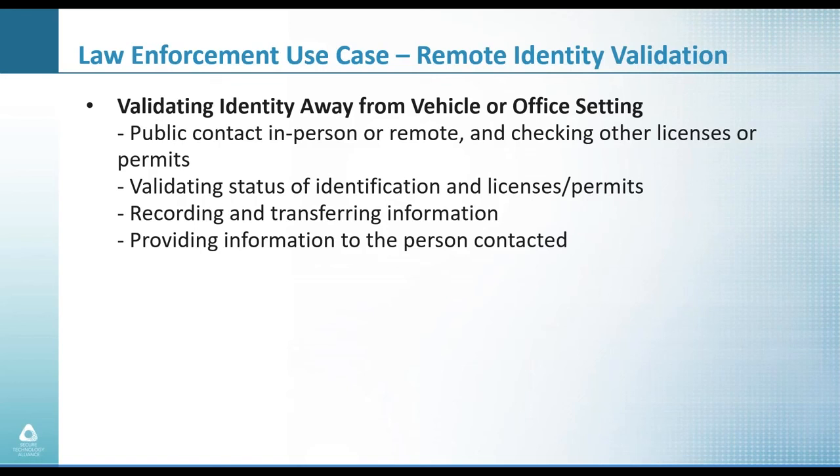So how do I get this identity information from this mobile device that this customer or this citizen has to the spot that I need it at? So maybe I can issue a warning ticket, a citation, and then what can I do to provide that information back to the customer or to the citizen? How is that information going to flow back to them?